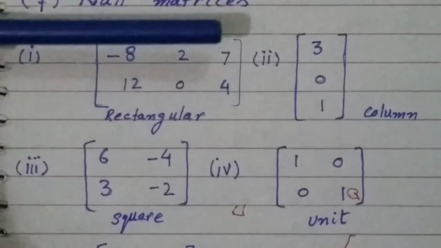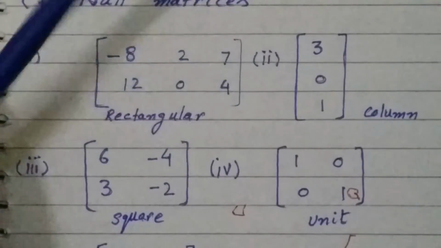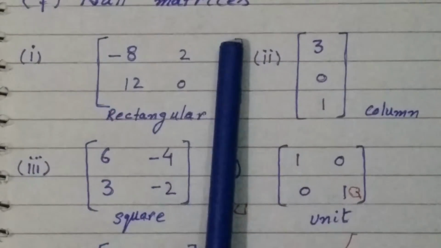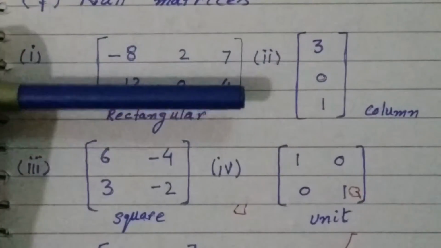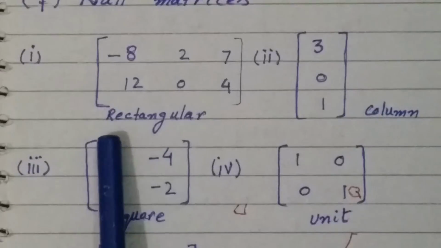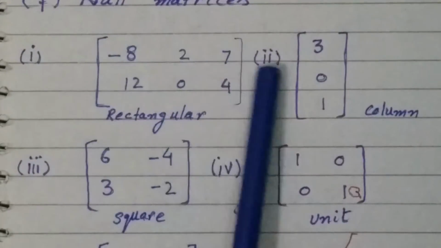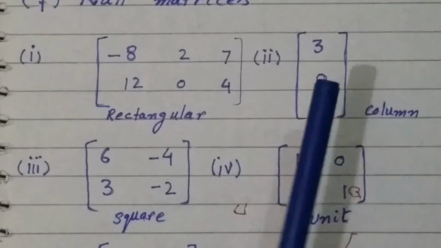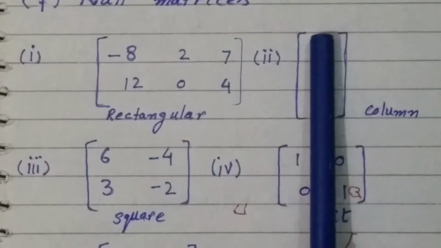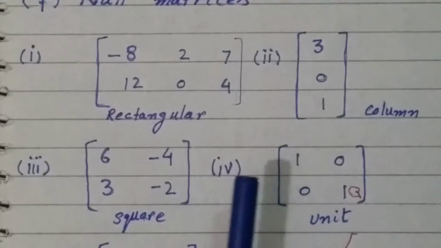Here, this matrix has 2 rows and 3 columns. If the number of rows and the number of columns are not equal, then the matrix is called rectangular. So it's a rectangular matrix. Here it has only one column, so it's a column matrix.